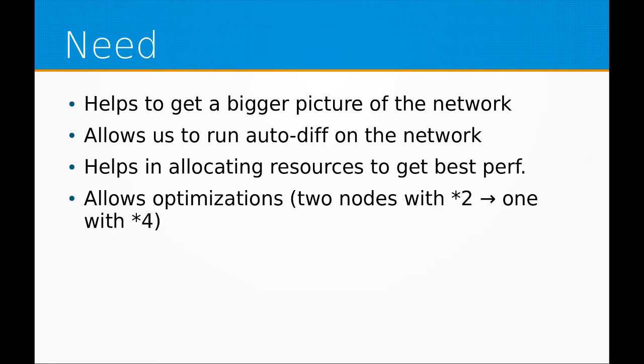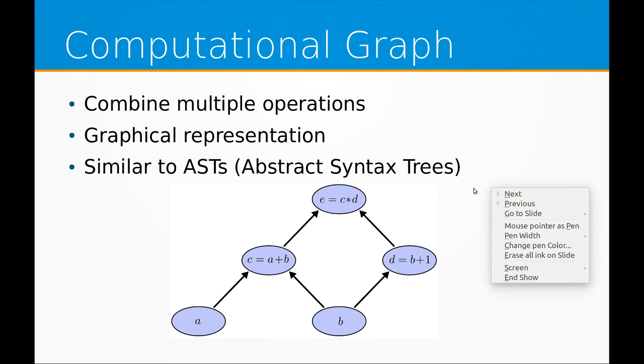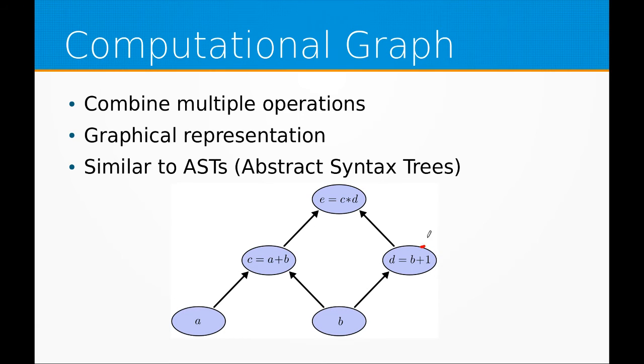For example, let me go back to the previous slide to give you an example. If you look over here, D is just B plus 1. Let's say you have another operation here which says B plus 1 again.